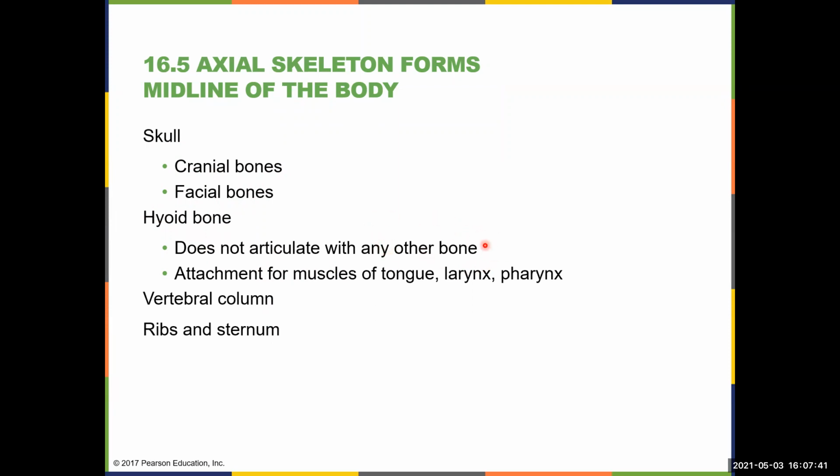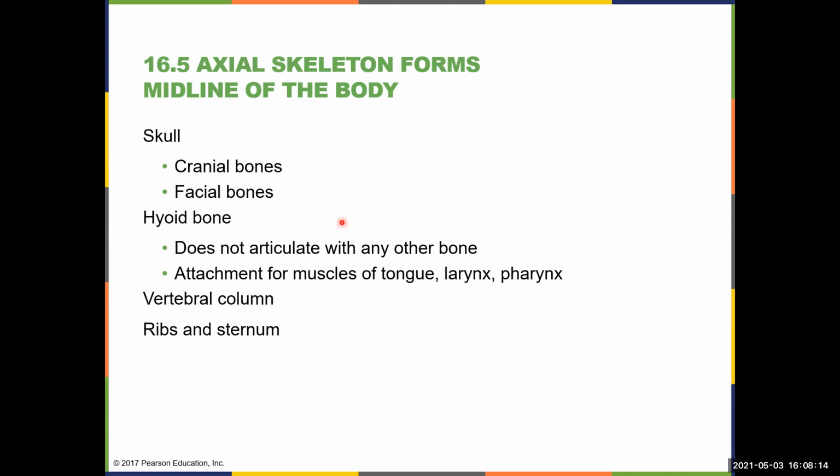It's mainly attached to the trachea and that area of the body with ligaments and connective tissue. And so the hyoid bone is basically the attachment point for muscles of the tongue, the larynx, and the pharynx structures. The vertebral column, and then the ribs and the sternum. And we'll look at these in a little more detail in the next couple of slides.